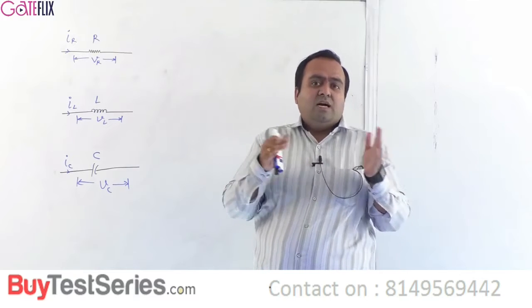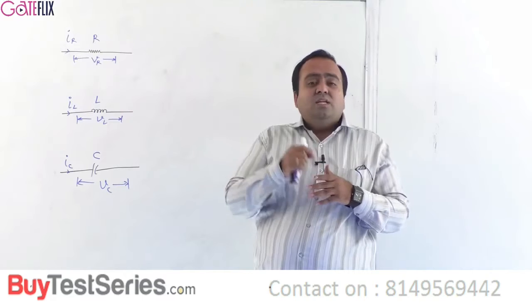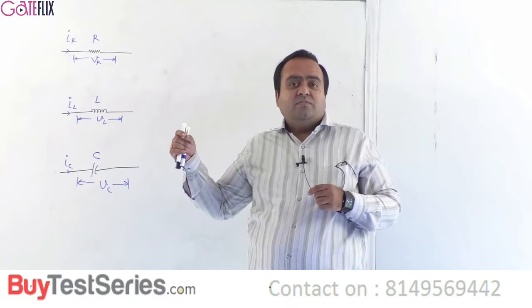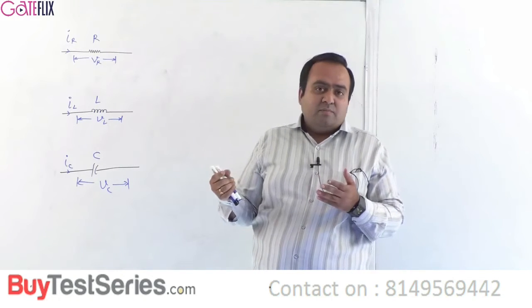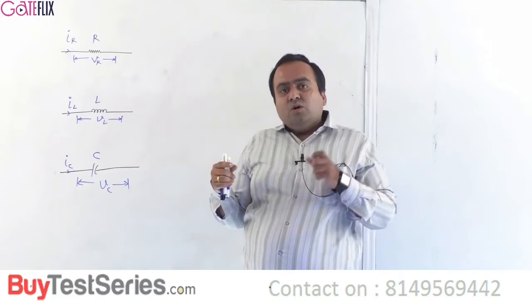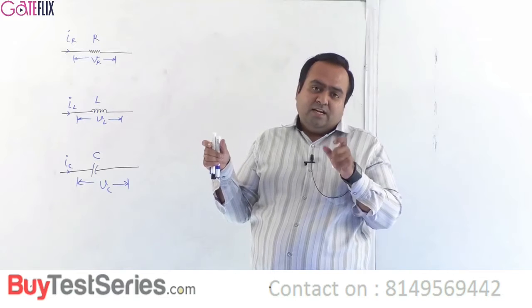One will lead the other by some degree, one will lag the other by some degree. So not only the quantities will have magnitudes, but they will have their individual phases. Like 1 angle 30 degree amperes, I think you are familiar with this. 2 angle minus 60 degree volts. So not only the magnitude but the angle needs also to be defined.